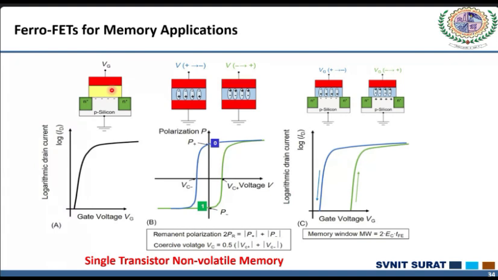We have this hysteresis loop, and whenever the hysteresis loop is there, we have options available for memory applications. Look at this case, the memory window here is twice the critical field, EC, times TFE. So this is explored in ferroelectric-based memory technology.